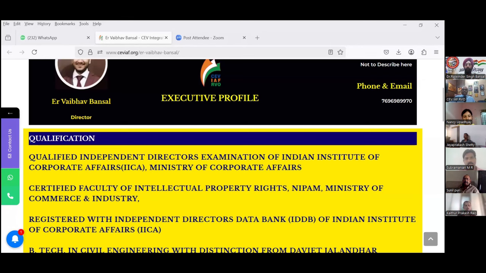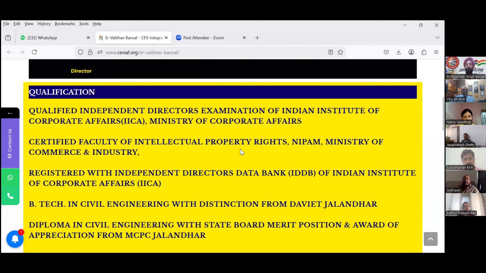He is a qualified independent director, and he is also a certified faculty for intellectual property rights, NIPAM, Ministry of Commerce and Industries. He is registered with the Independent Directors Data Bank of the Indian Institute of Corporate Affairs.